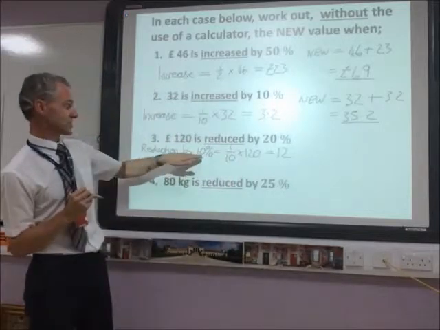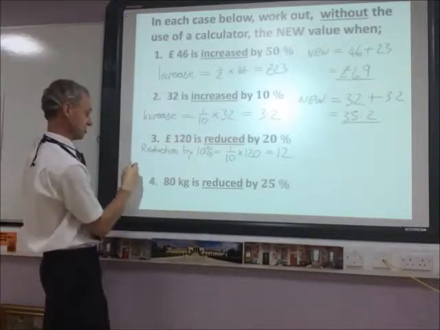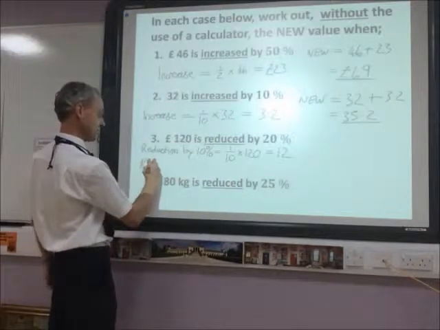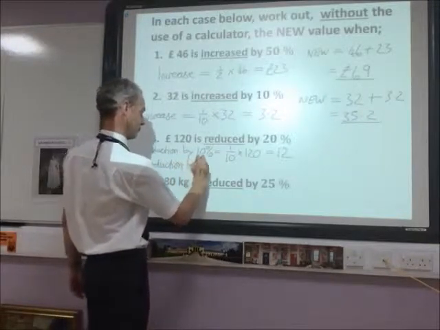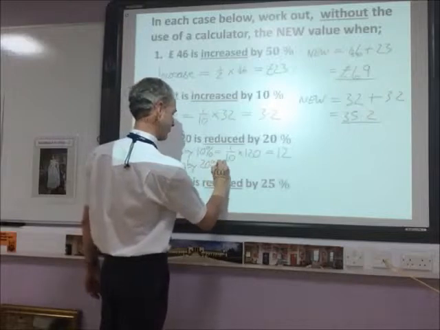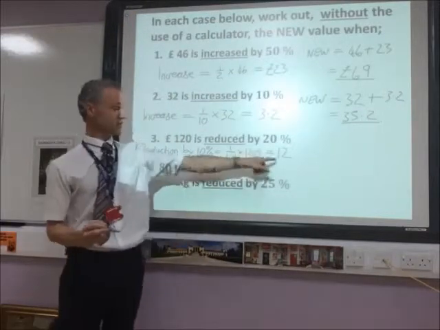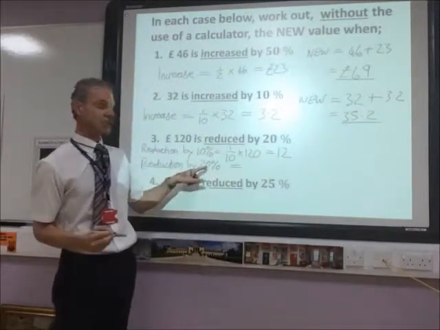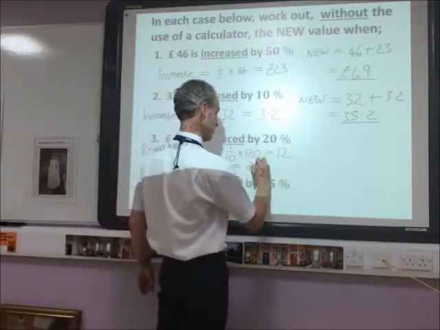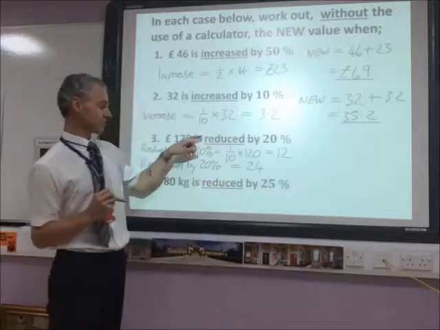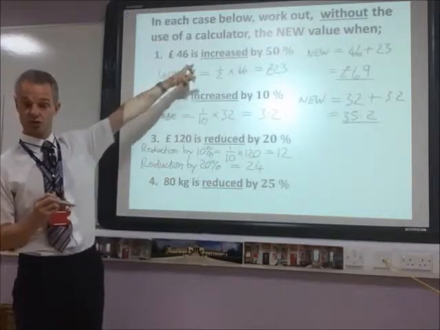But I don't want 10% reduction, I want a 20% reduction. So if I now do a reduction by 20%, if 10% reduction is 12, then 20% reduction must be twice as big. Instead of 12, it's 24. Okay, that's my reduction. The question asks me for what the new value is.